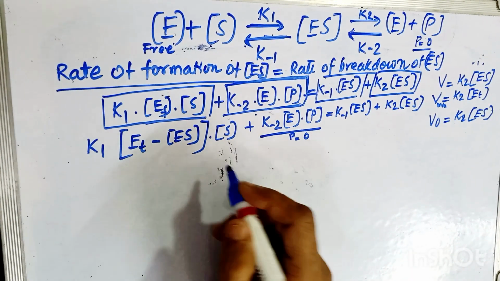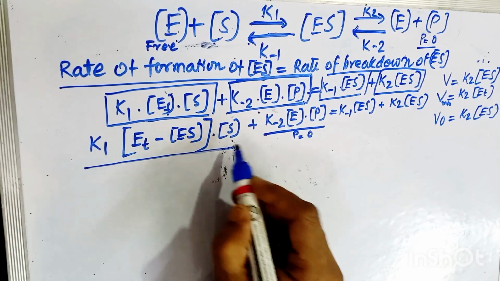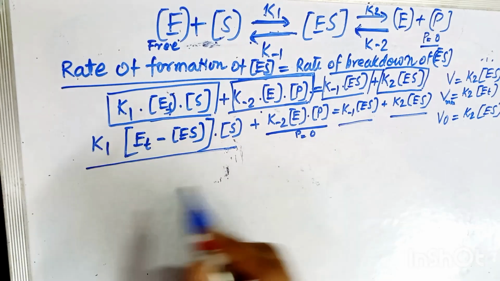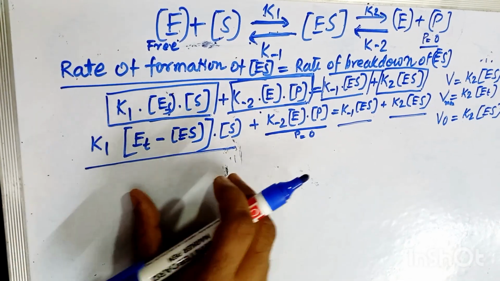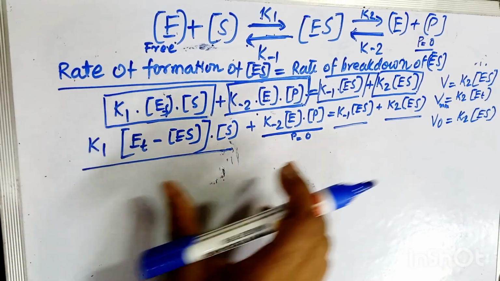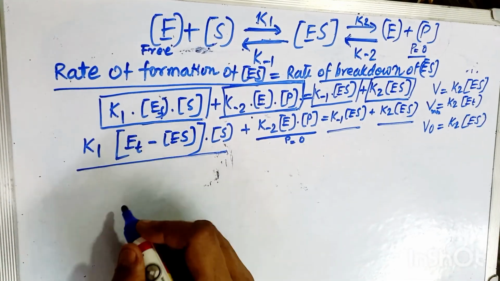So the equation now turns, as P is equal to 0, we just consider this part of the equation and this part of the equation. If I write this equation now, multiplying these factors, see what happens.